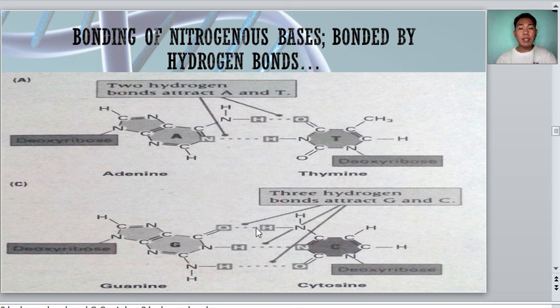Since this bond is stronger between the G and the C, or guanine and cytosine, it requires more energy to break the bonds. Also note that the specificity of base pairing means the sequence of bases along the polynucleotide strand of the DNA is complementary with the base sequence in the other strand.